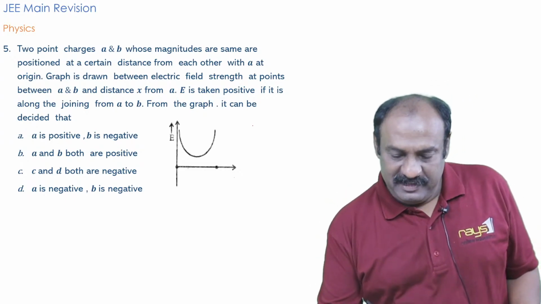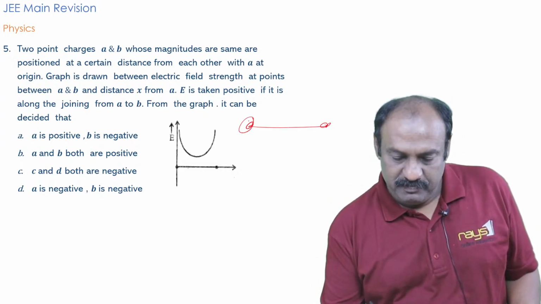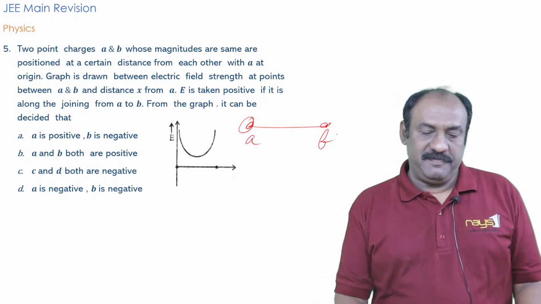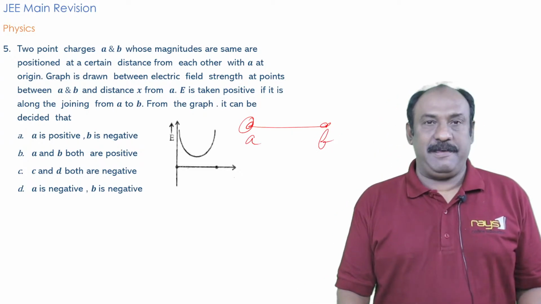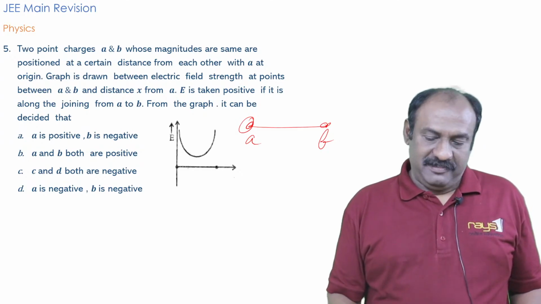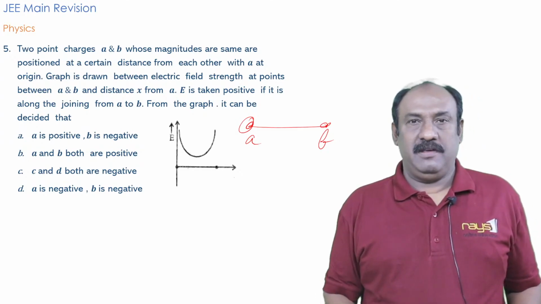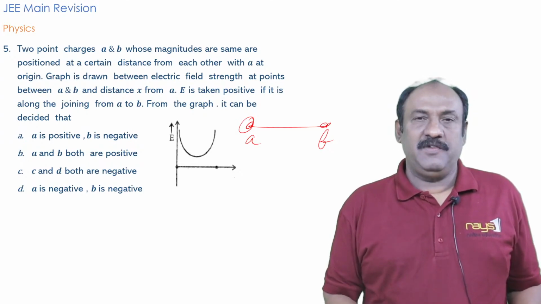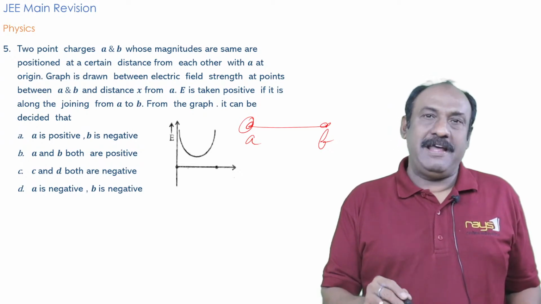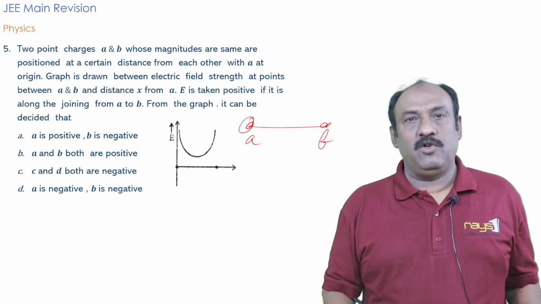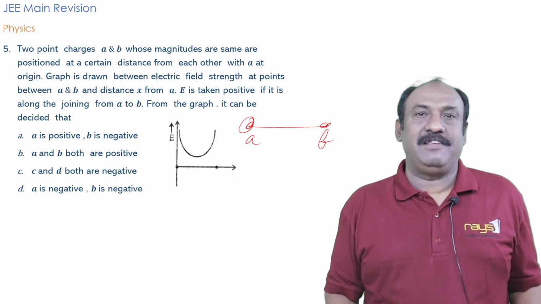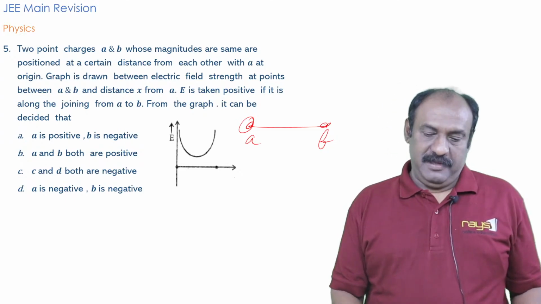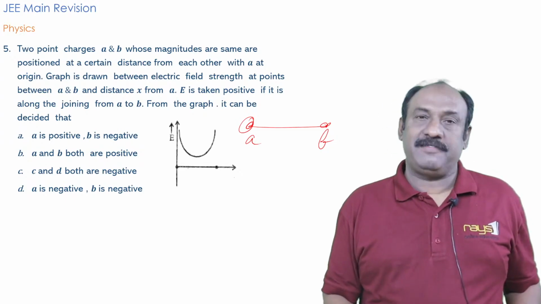Two point charges A and B are there, whose magnitudes are the same, according to the given data Q and Q. If I consider these two are positive, then plus Q and plus Q. If both are negative, minus Q and minus Q. But I don't know the nature of these two charges at points A and B, and they are separated by a certain distance.